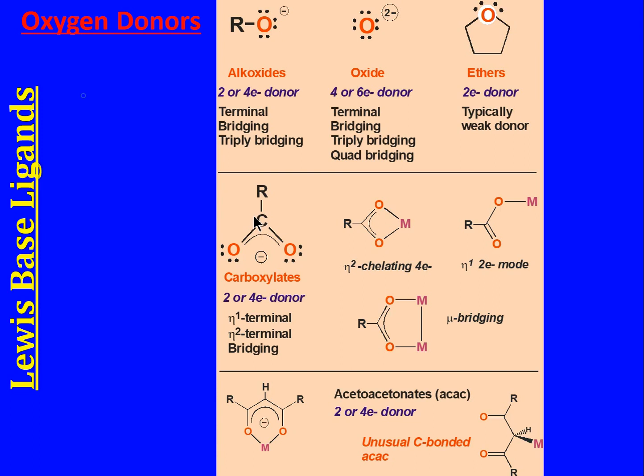The carboxylate RCOO- is anionic, with a 1 minus charge, but it can be a 2 electron donor terminal if it's hapto-1, or it can be a 4 electron donor if it's hapto-2 terminal.